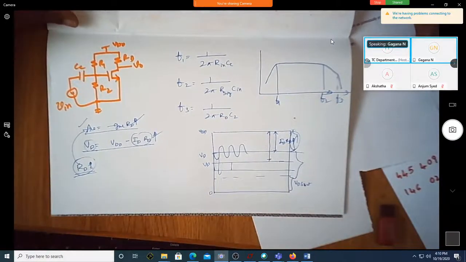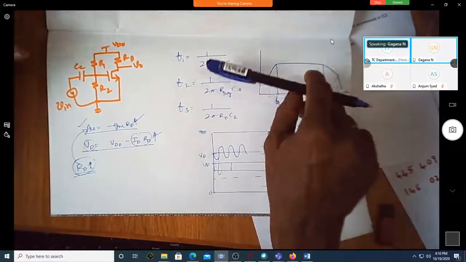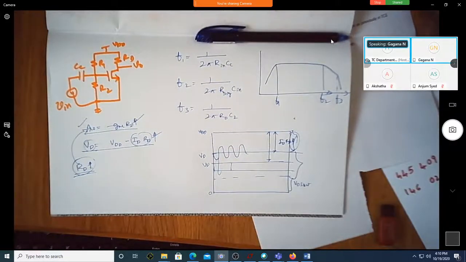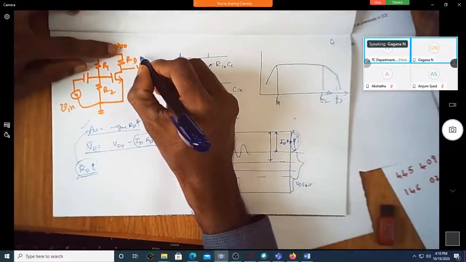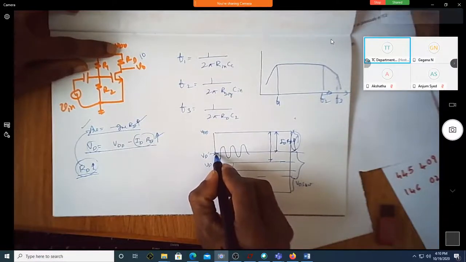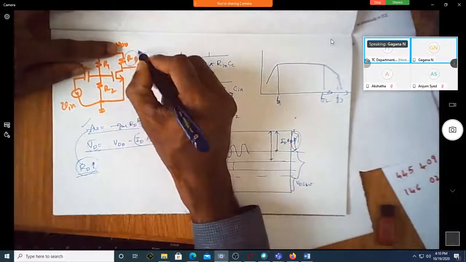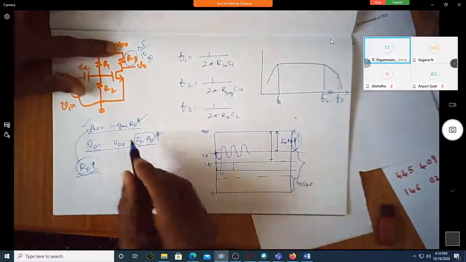So there is a limit for increasing RD to get larger gain. Assume that I want to get a gain of 50, 100, 200, 300. Is it possible? Assume that with a gain of 10 volt per volt, it was somewhere here. If you want to make it 50, this RD has to be increased by 5 times.